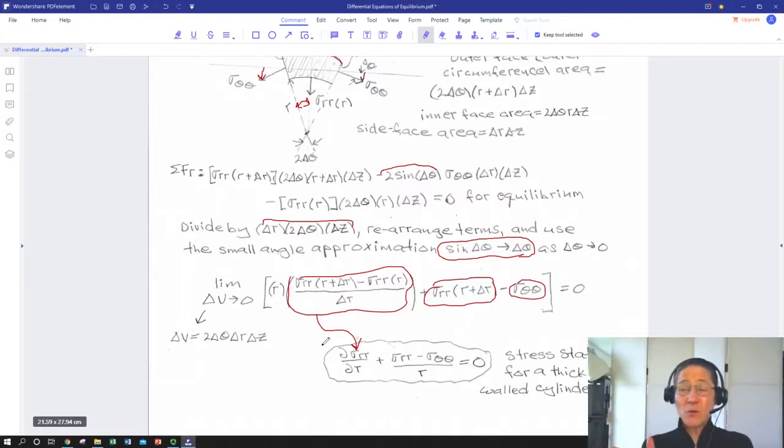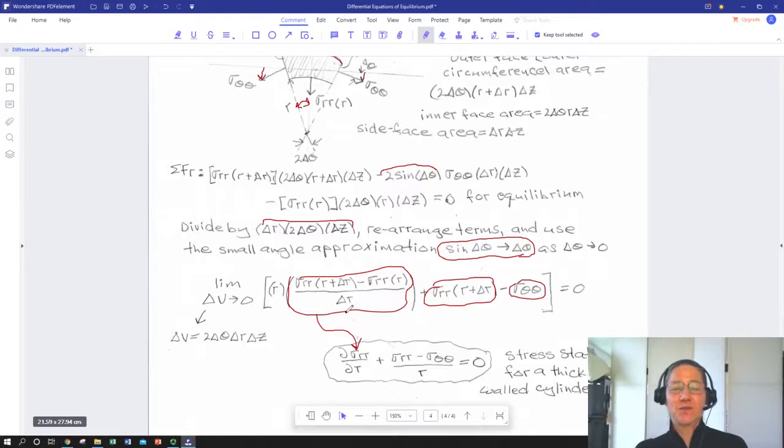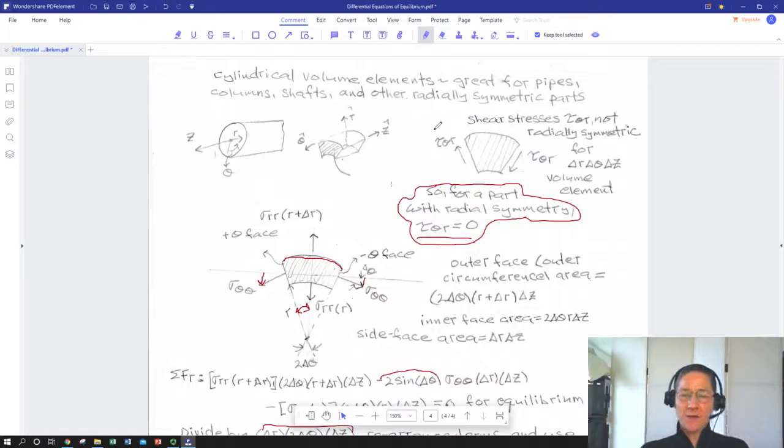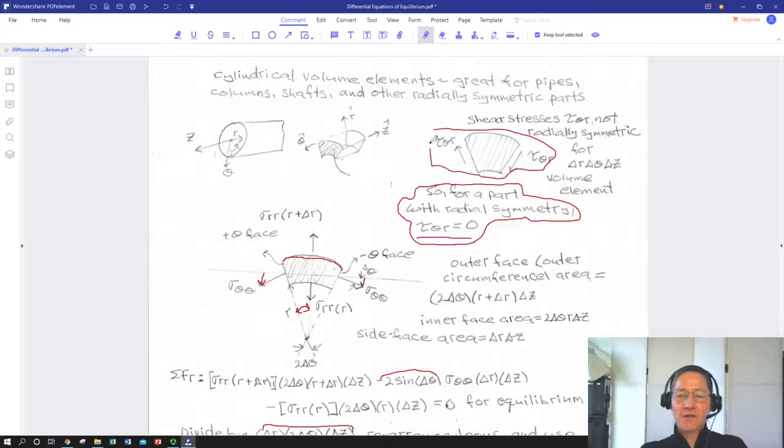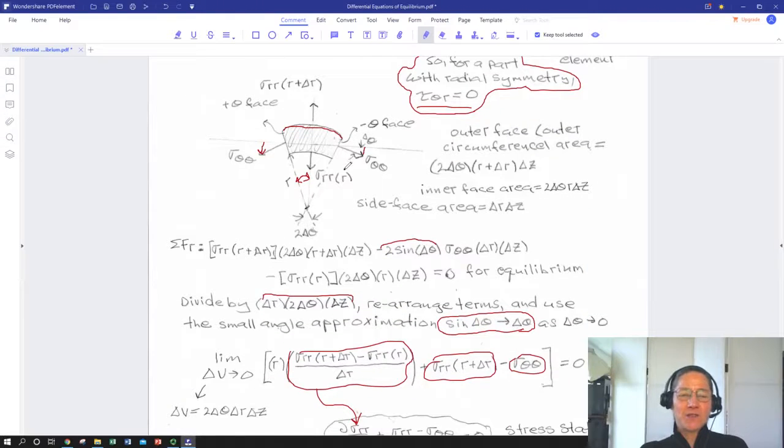So this is normal force only, and we eliminated the in-plane shears with the argument that it didn't conform to the radial symmetry. So that was the only big assumption we had to make, and beyond that was simply putting this little volume element into static equilibrium, making some small angle assumptions, and then grouping.